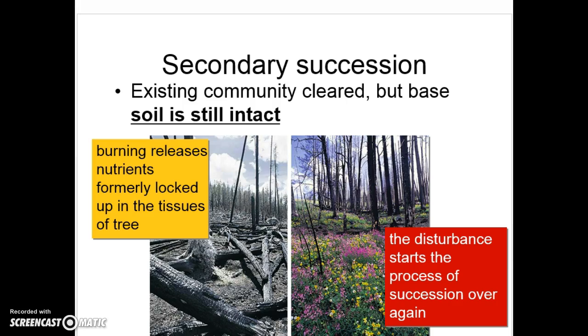So what happens in secondary succession is much quicker. There's a regrowth and a repopulation of the community in a much more timely fashion when there's secondary succession, because you do have nutrients in the soil available.